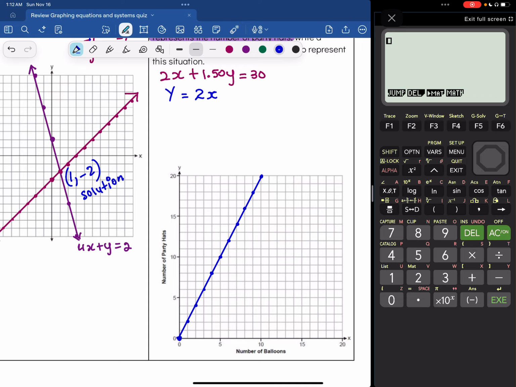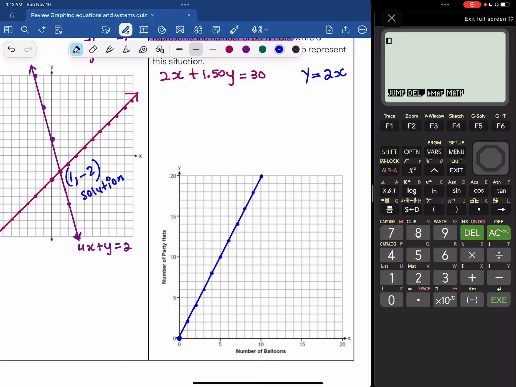Okay, let's graph the second equation. 2x plus 150y is equal to 30. The 2x plus 150y is equal to 30 is not in slope-intercept form. So to be able to graph that, we need to put it in slope-intercept form. We have to put it in y equals. We have to solve for y. So let's do that.